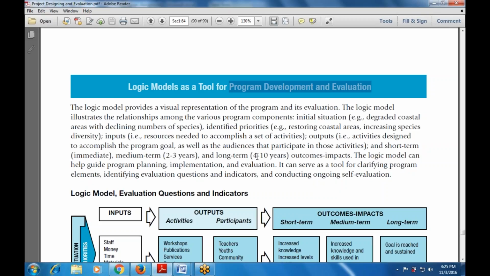A relationship in the sense of what the main relationship is among the program components, for example a degraded coastal area with a declining number of species, identifying the priorities, such as restoring the coastal area and increasing species diversity, then input, output, resources, and the set of activities available.